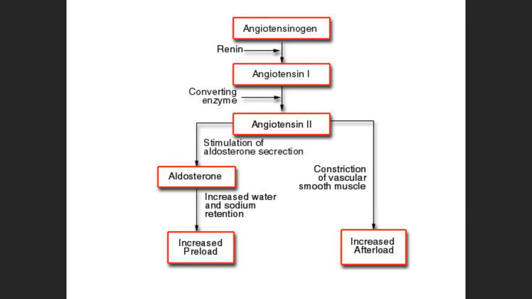Now, angiotensin 2 is itself a very potent constrictor of vascular smooth muscles, and in fact leads to an increase in the afterload. And angiotensin 2 itself stimulates the production of aldosterone and causes increase in water and sodium retention by the kidneys and increase in preload.